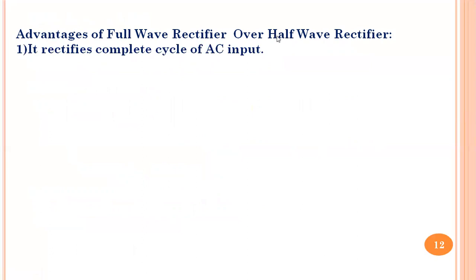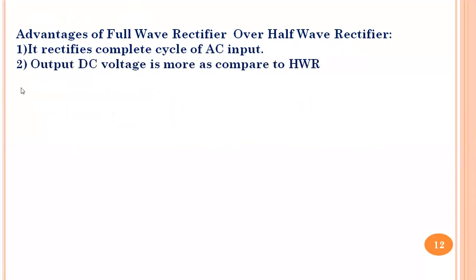But before that, let me list the advantages of the full wave over the half wave rectifier one by one. First, it rectifies the complete cycle of the AC input, whereas the half wave rectifies only half a cycle. Secondly, the output voltage is more as compared to the half wave rectifier. It is double actually, because both half cycles are brought into the output in rectification.